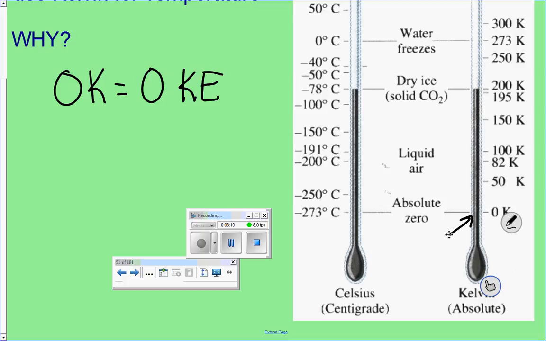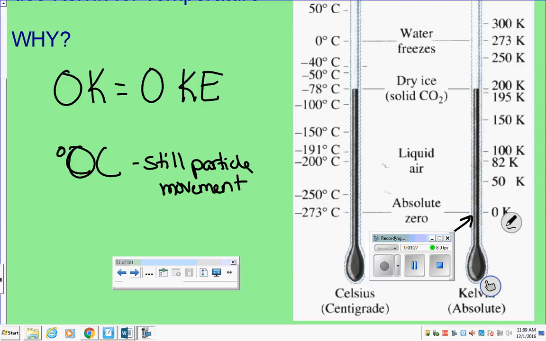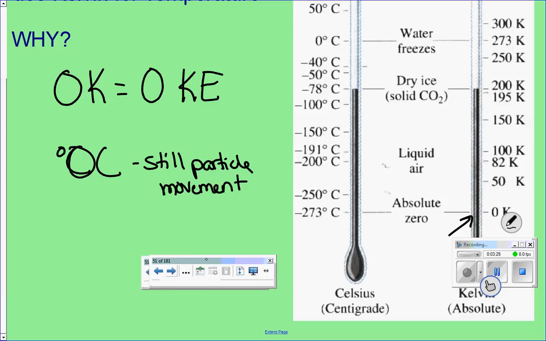So there's a direct relationship between temperature and the movement particles have. If you're at 0 degrees Celsius, there is still particle movement. Which means you can't say, hey, that's telling me exactly how much movement is there, because it's really not.